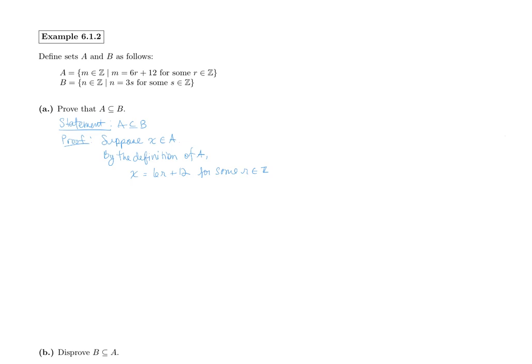So that means then x is also, if we factor out a 3, 3 times (2r plus 4). If we let s equal 2r plus 4, then we know that s is an integer because integers are closed under addition and multiplication.